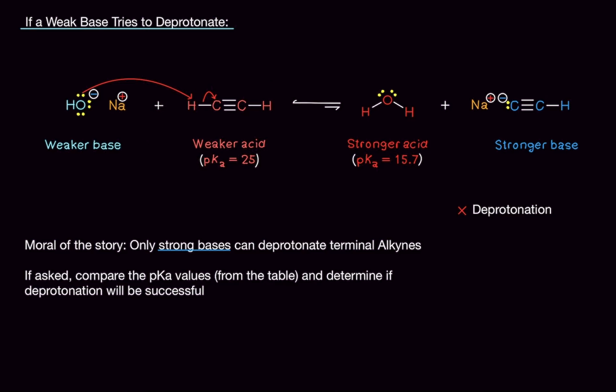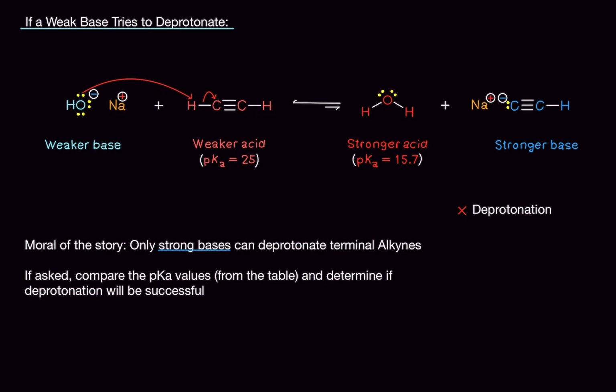Now you're probably like, okay, why do I care about this? You'll see that the equilibrium, the top here favoring the left, is bigger than the right. What this is saying is deprotonation is not going to happen. It is not favored. That, in other words, means a weaker base is not strong enough to deprotonate an alkyne.